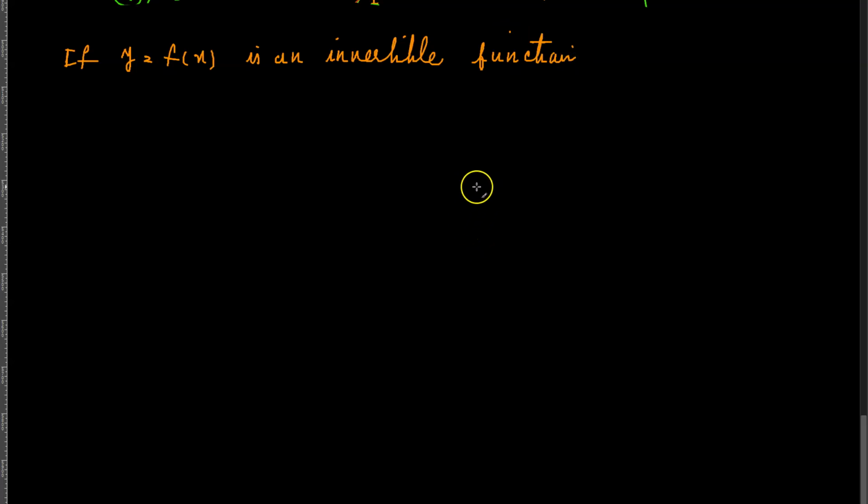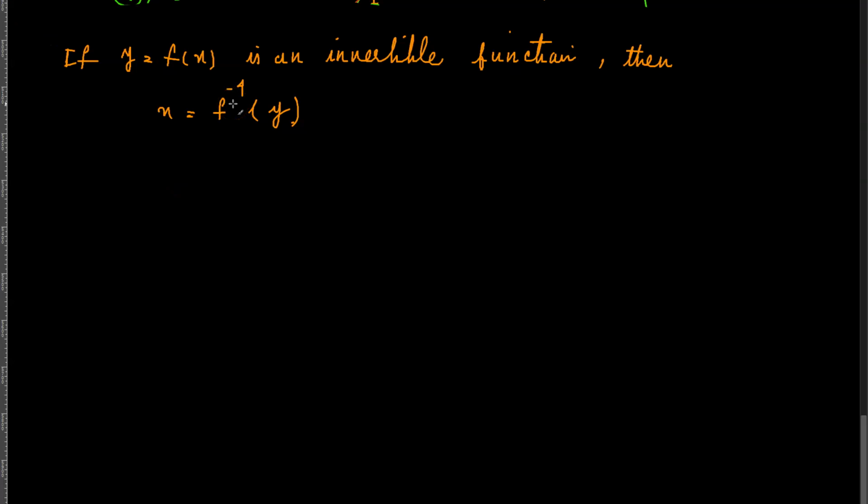Then x is equal to f inverse of y, and basically this is going to be the inverse of this function, right? Meaning that the input of this function is the output of the other function, and the input of the other function is the output of this function, right? Meaning that f inverse is the inverse of f.